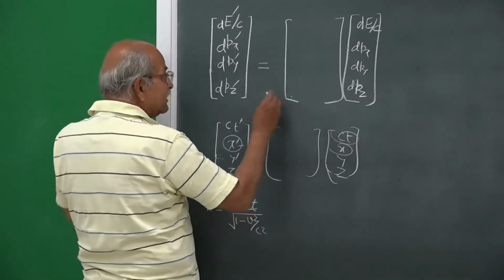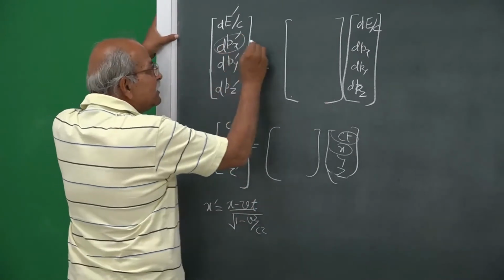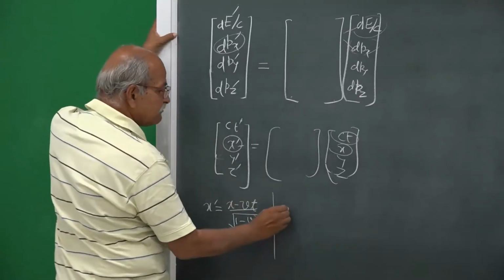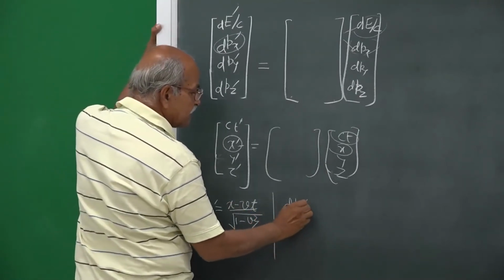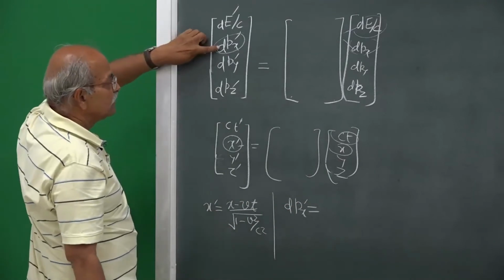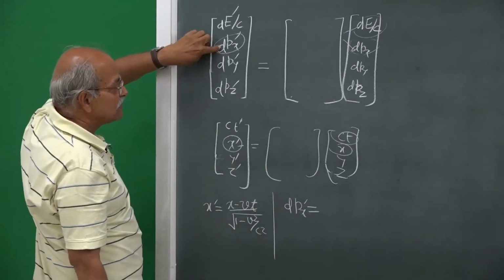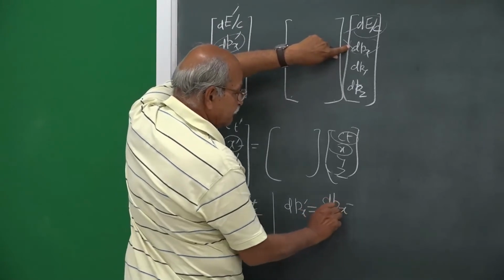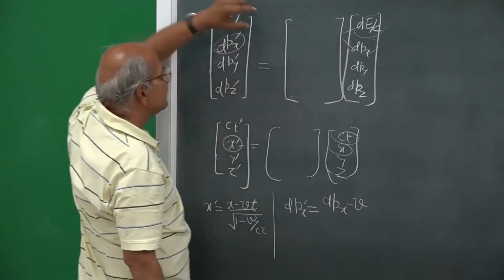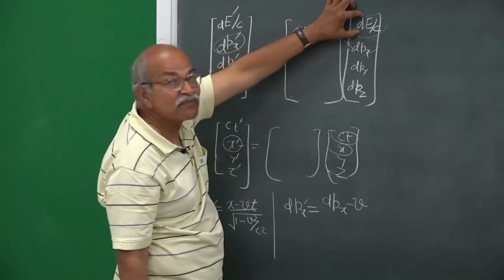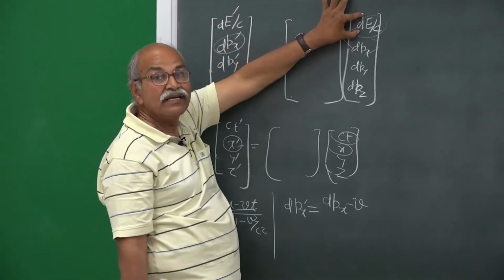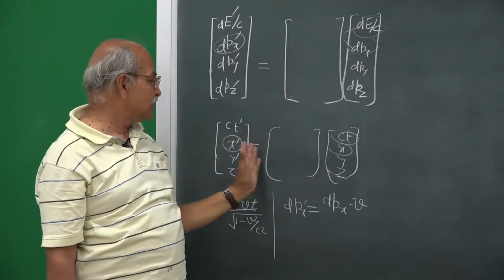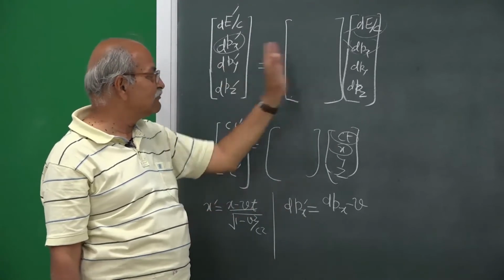So, that is it, and in the same way this dpx will be related to these two, and you will have dpx prime equal to dpx minus v times the first one, this one divided by c. Okay. Since it is the same matrix, whatever is the form here, that will be the form here.